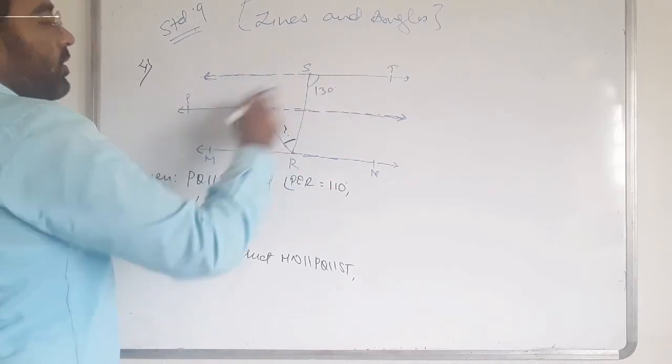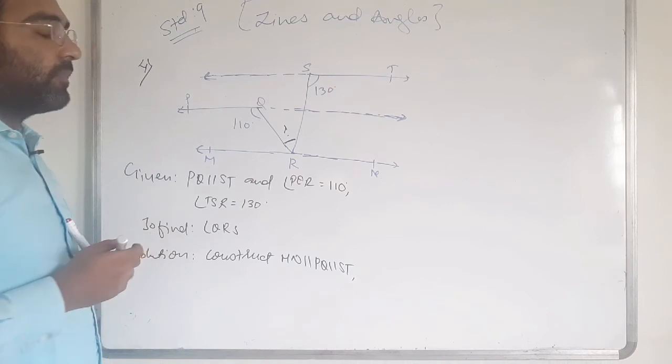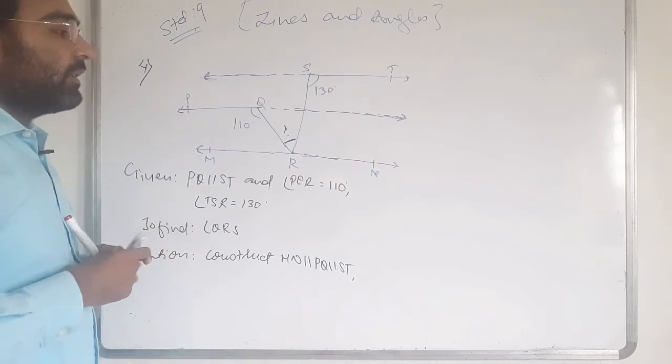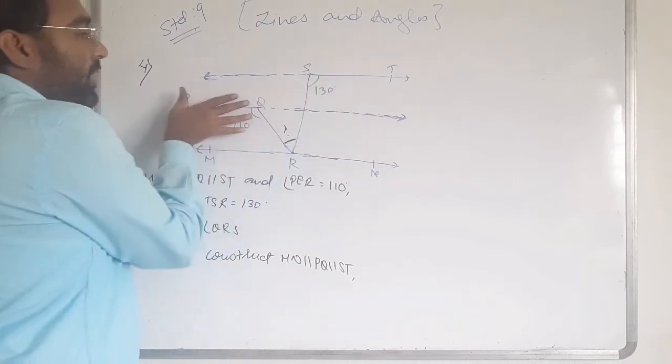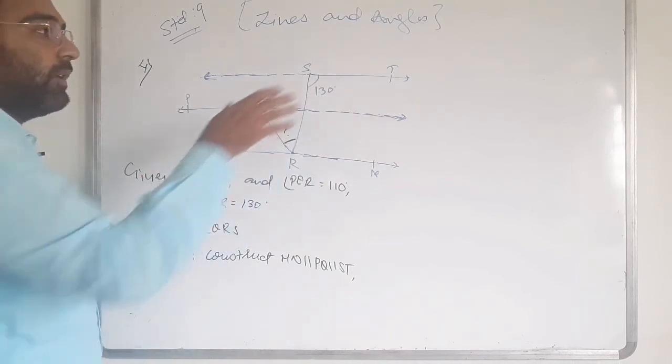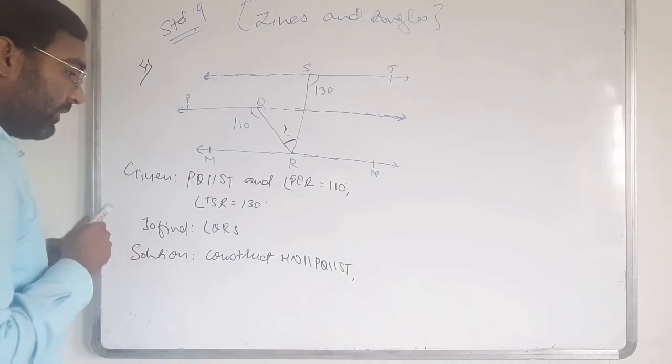All three lines are parallel to each other. First we remove the middle line PQ, and take only ST and MN.